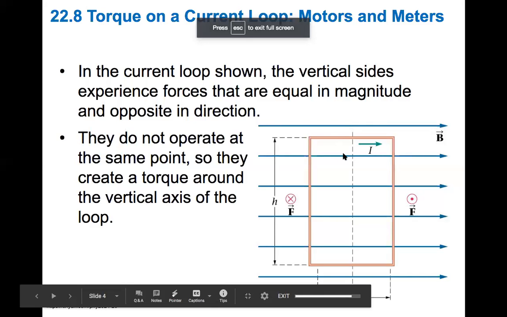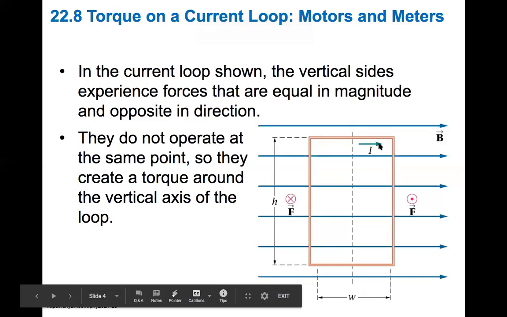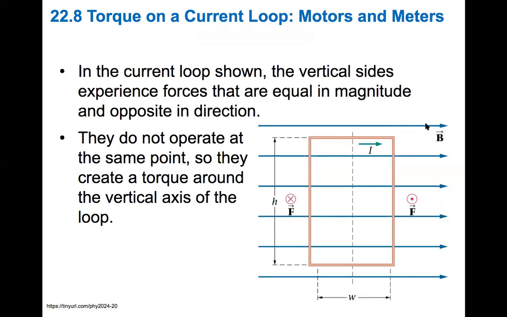On the top wire, you can see I has the same direction as B, which determines theta. So on the top wire, theta is going to be 0.